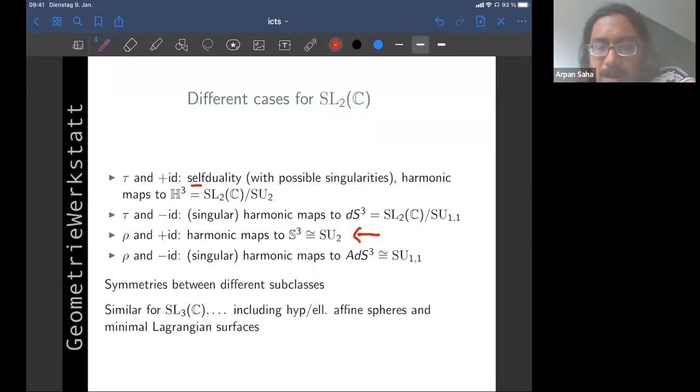And the connection to real hyper-Kähler structures is not completely understood. It's believed that on some real slice, it should be the usual story of a real hyper-Kähler structure existing on the tangent space of a special Kähler manifold. But I don't think any concrete examples are really known.